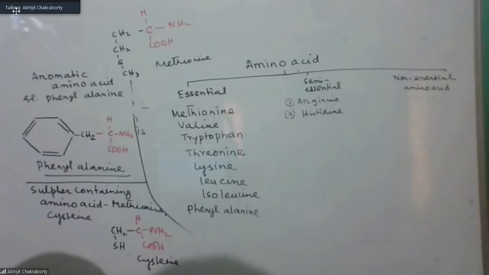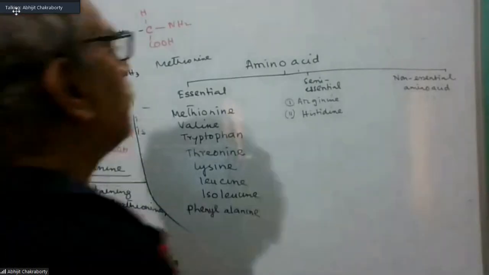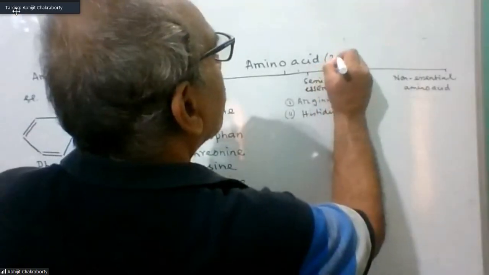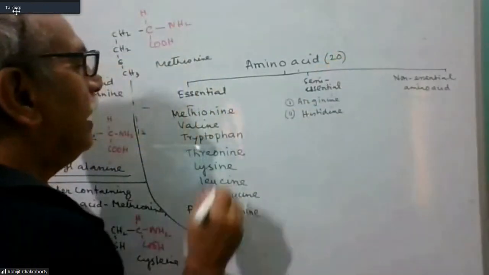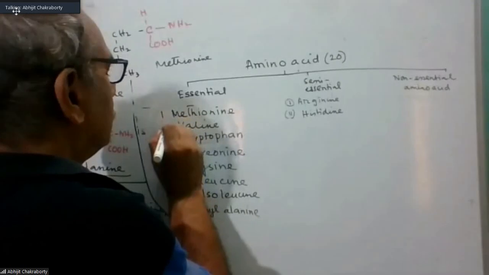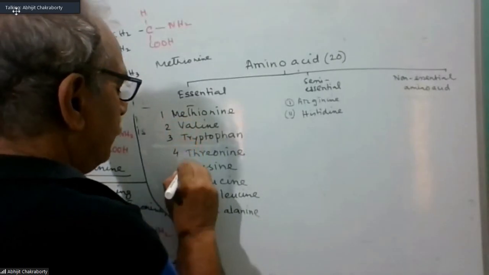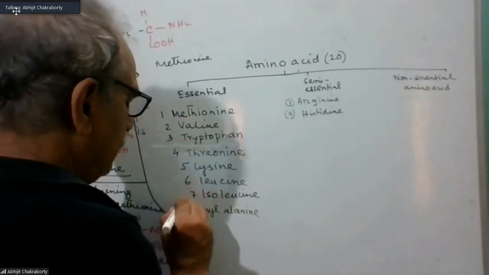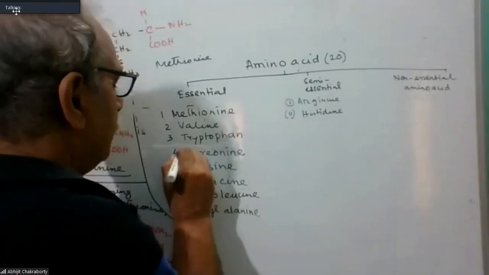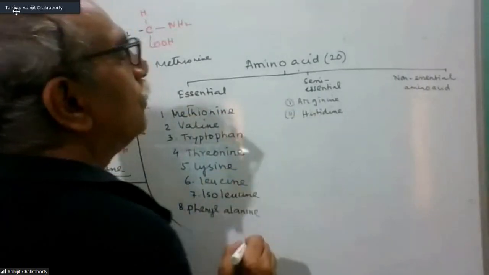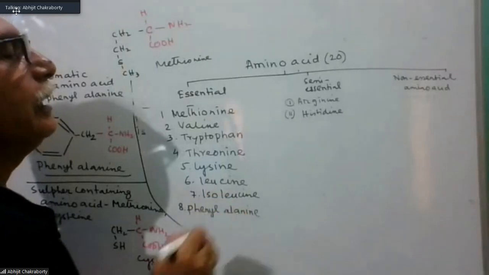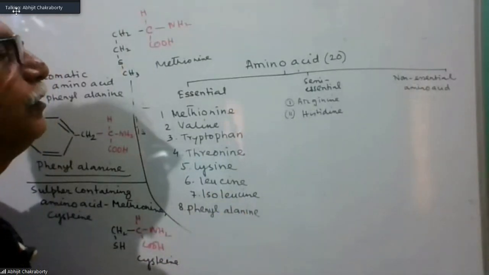And why it is called semi-essential? The other amino acids, out of 20, 8 are 1, 2, 3, 4, 5, 6, 7, 8 essential, 2 semi-essential, and other 12 should be non-essential.